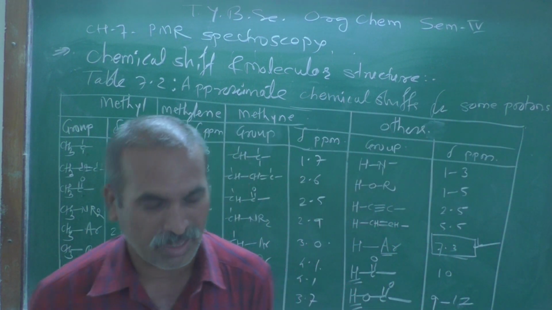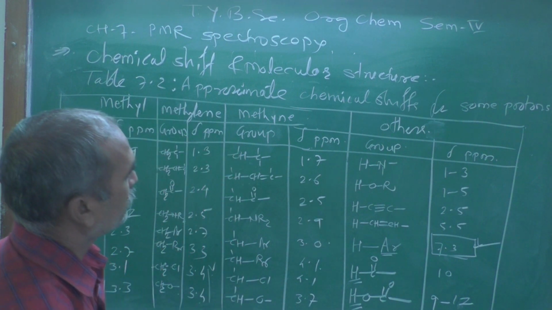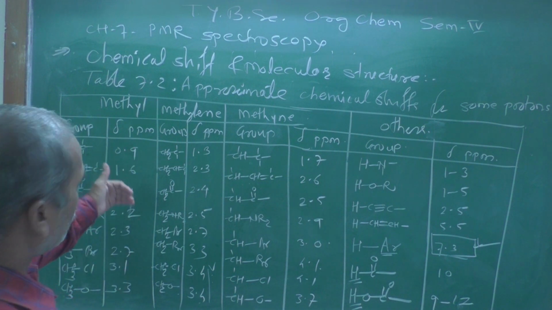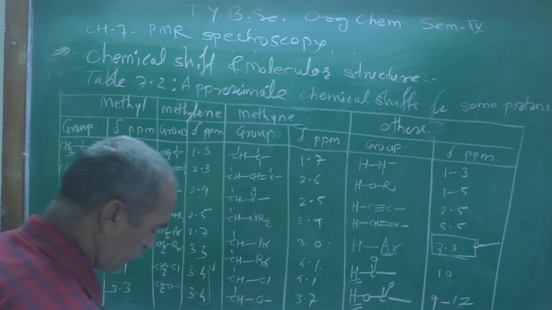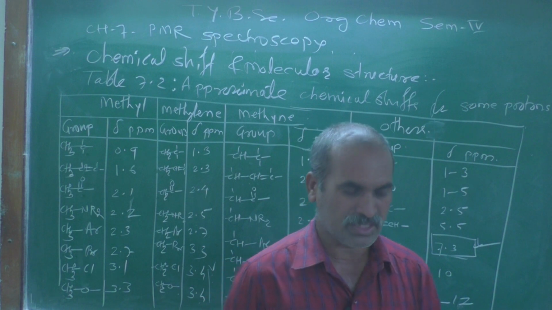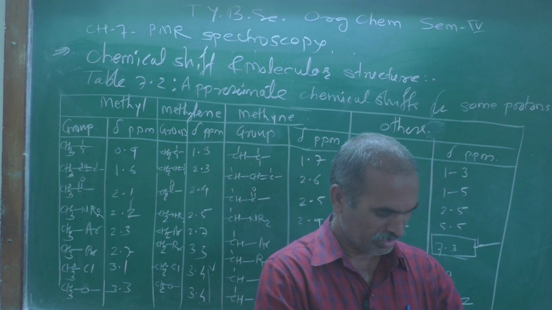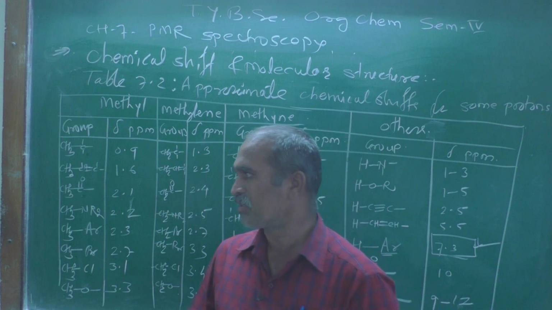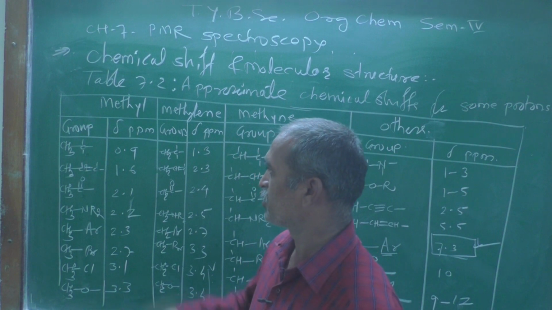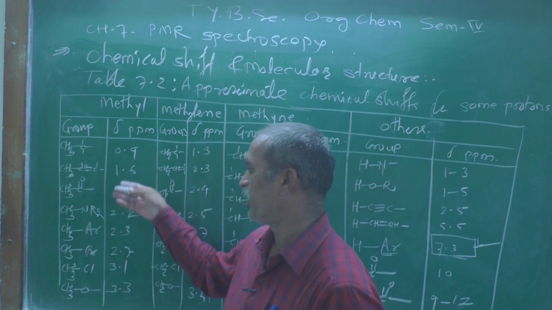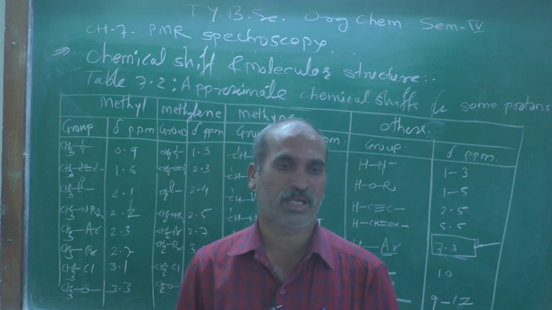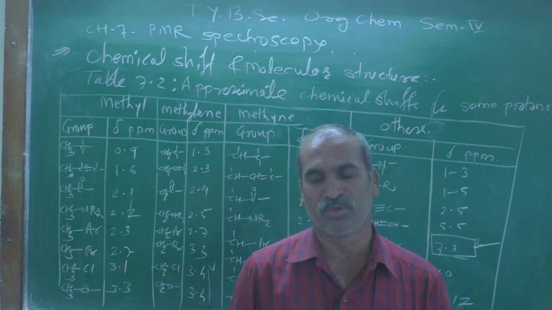This is the table which you can learn, generally and specifically. This chart will help you in solving the problems which we are going to discuss in our next lecture. I think this is enough explanation or justification of why these particular protons give the particular approximate chemical shift values.